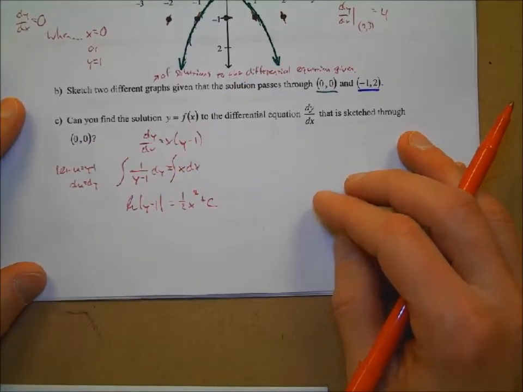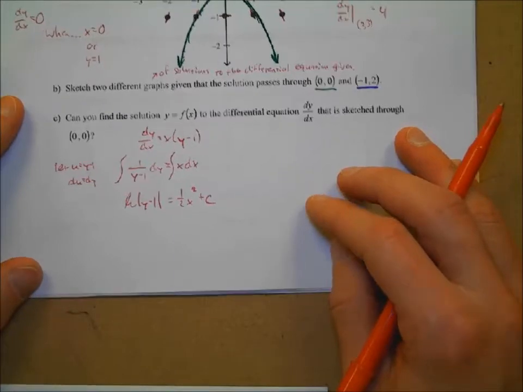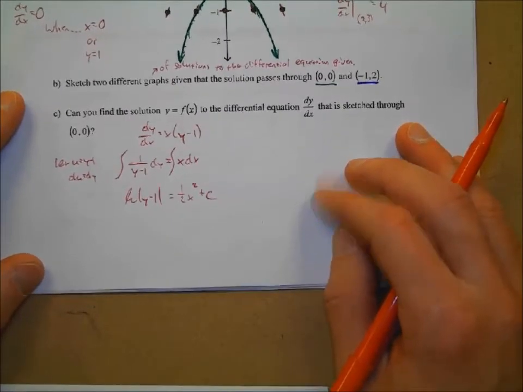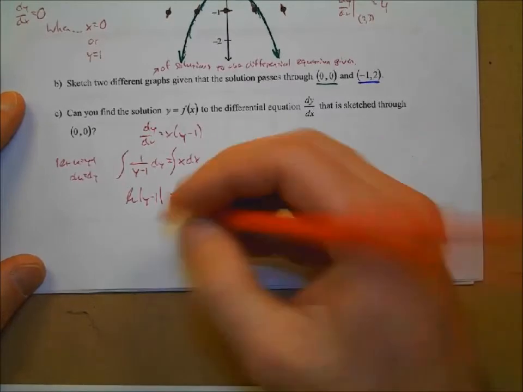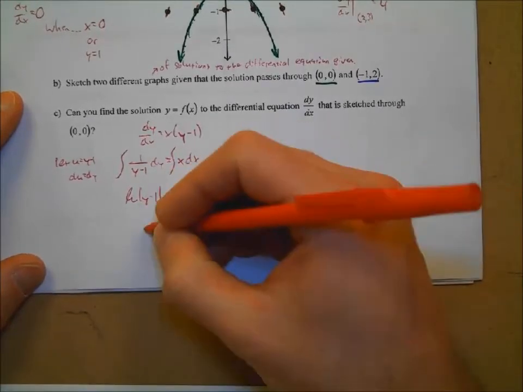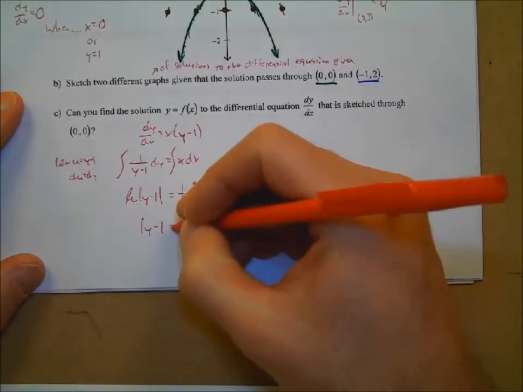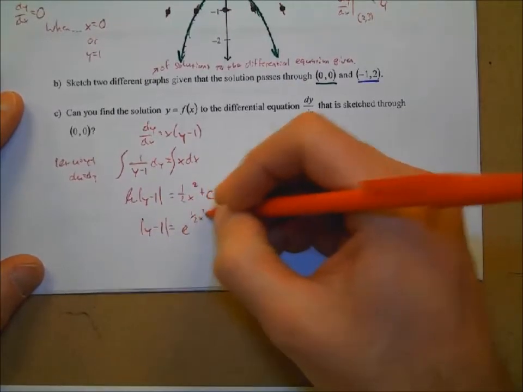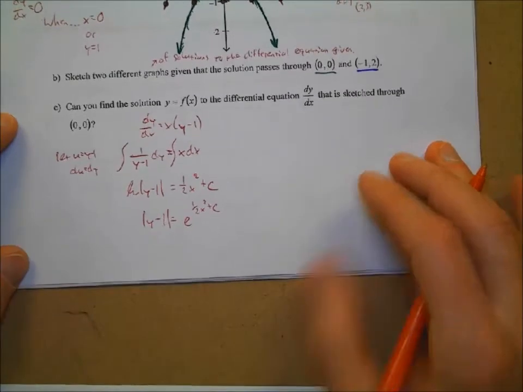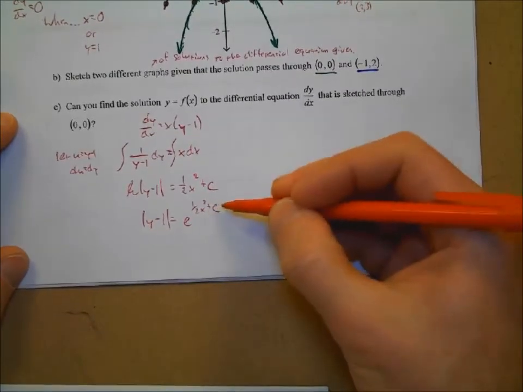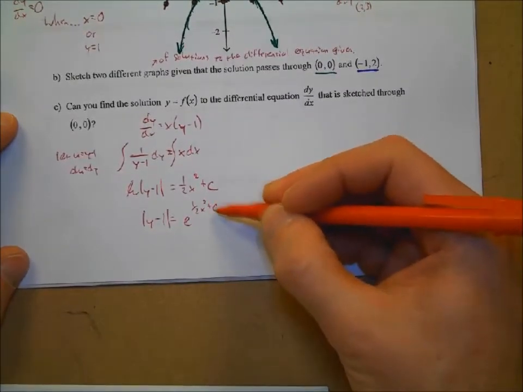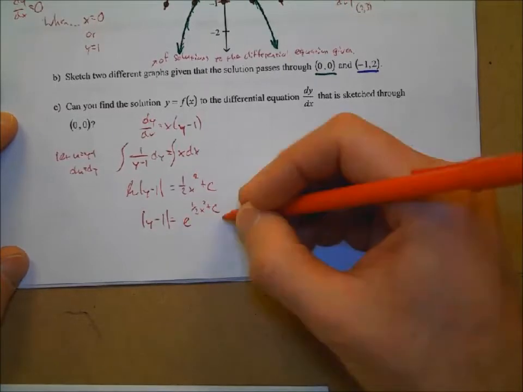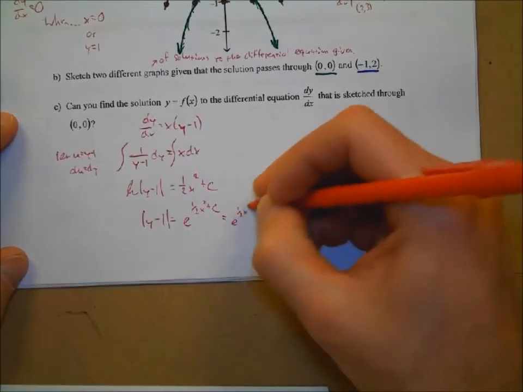For this one, I'm going to solve for y first, and then we'll plug in (0, 0). So I'll exponentiate both sides: the absolute value of y minus 1 equals e to the 1/2 x squared plus c. That plus c in the exponent, what can we do with that? We can pull it out front, because this is e to the 1/2 x squared times e to the c.